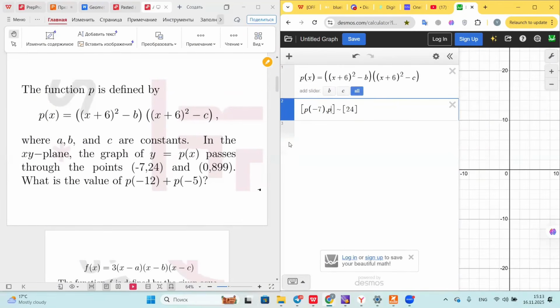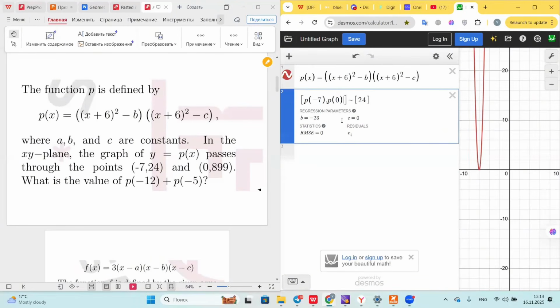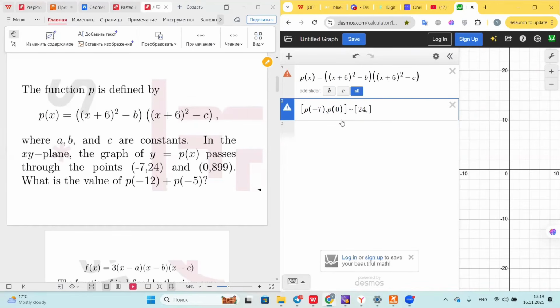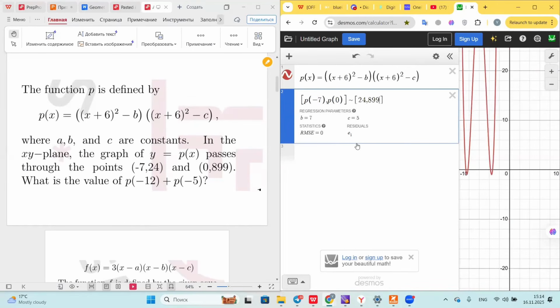And for P, the x coordinate is this one, 0. Guys, I'm solving simultaneous equations for finding the values of b and c. You can see b and c are found. The last step is just calculating P of -12 plus P of -5. Guys, the problem is solved.